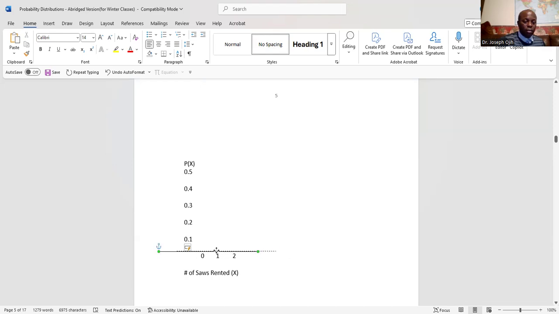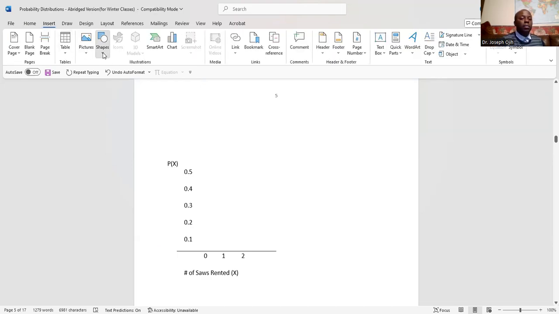Right here is good, and then move it a little bit further. Now I can put P(x) next to the other line, which goes from here.